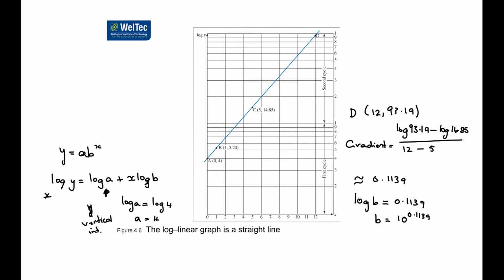So the relationship here is y equals, now we didn't quite finish off here, 10 to the power of 0.1139 is approximately equal to 1.3. So now our a value is 4, b is approximately 1.3, to the power of x, and that's the equation of the line that's represented here on this log linear paper.